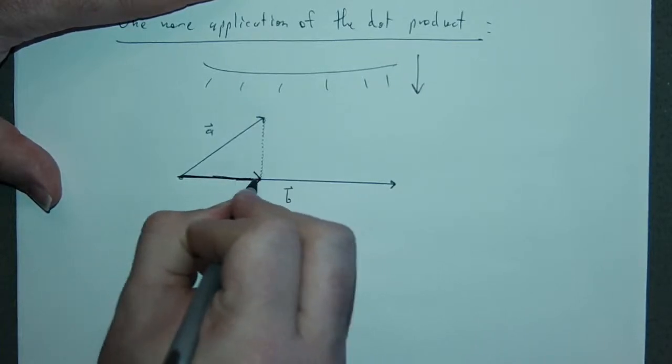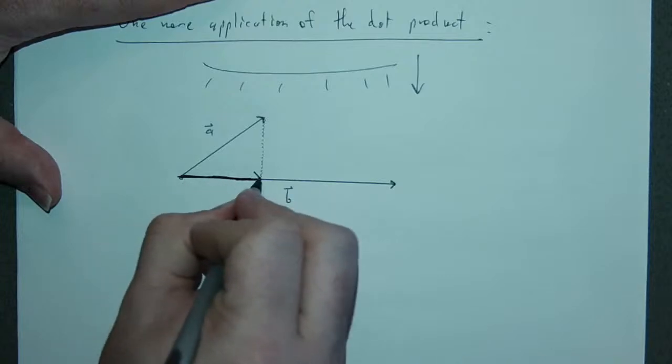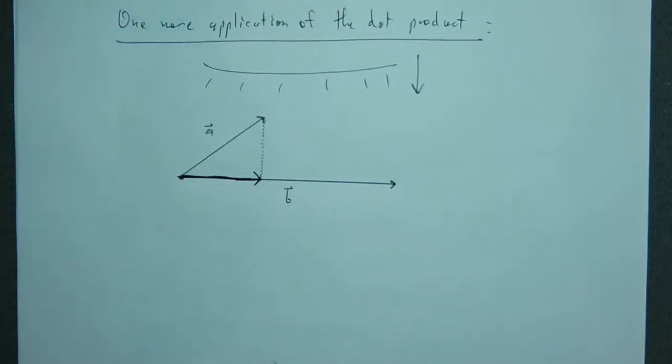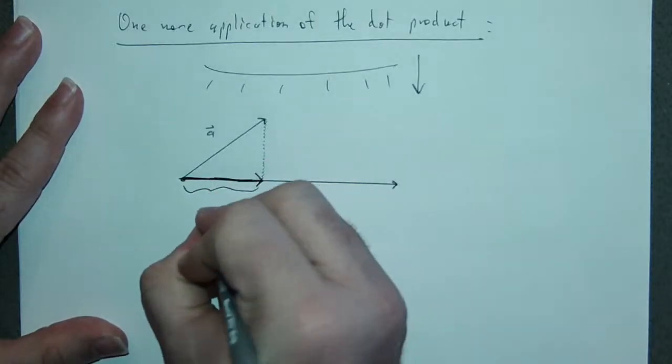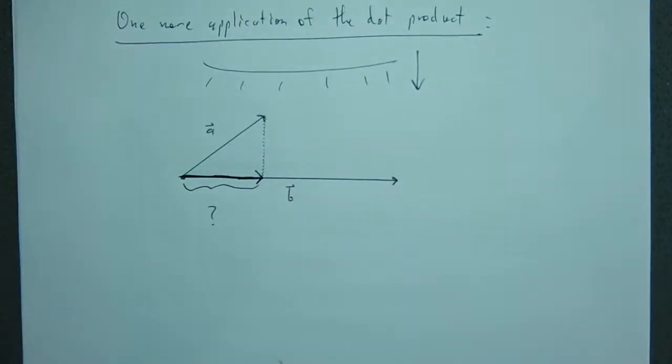Now, this is a mystery vector, right? I want to know, what is this mystery vector?